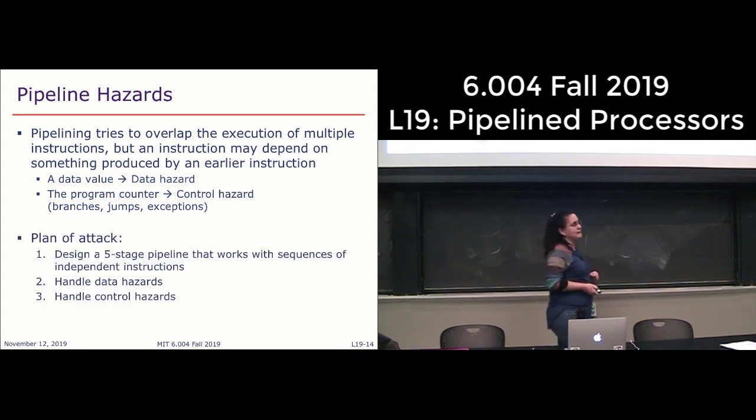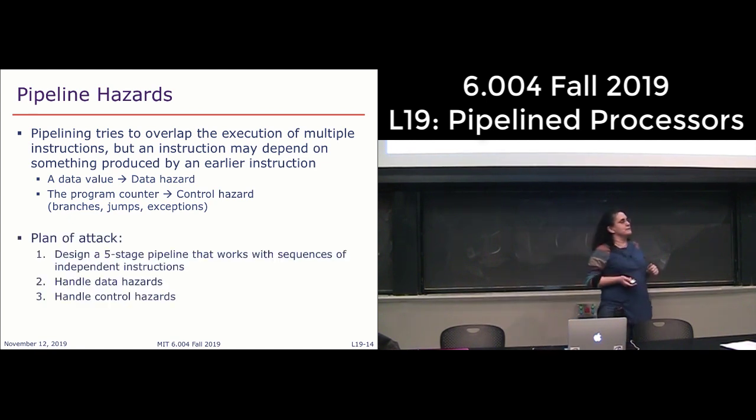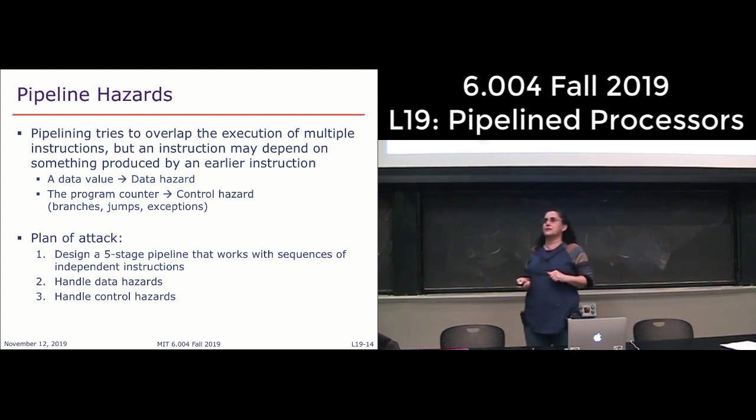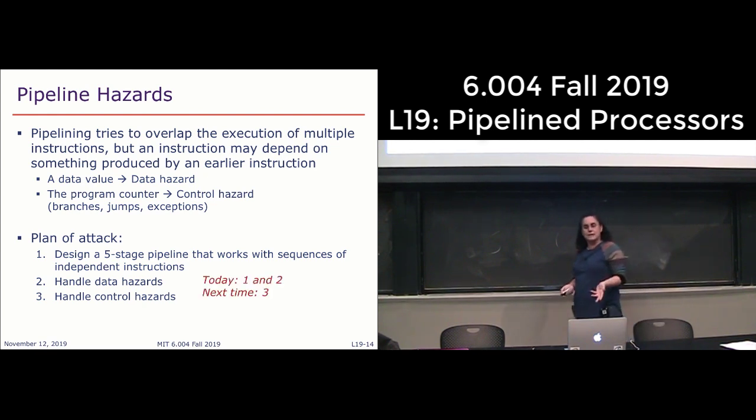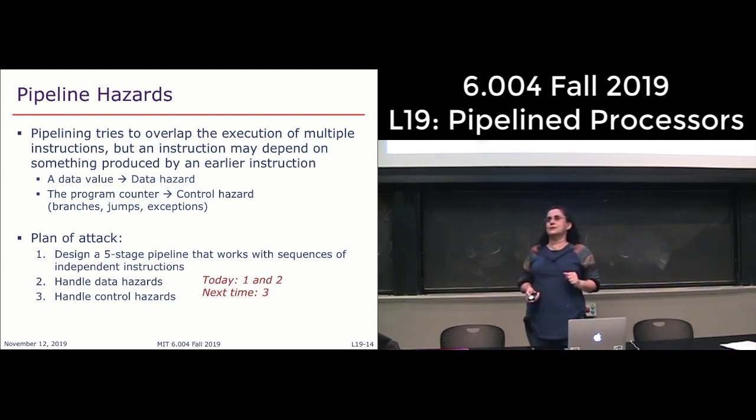So basically, our plan of attack: we've already seen how we can have a pipeline processor that deals with completely independent instructions. Now we're going to learn what we have to modify in that pipeline processor so that it can also deal with data hazards. And then finally, on Thursday's lecture, we'll see what else we have to do to it to also handle control hazards.